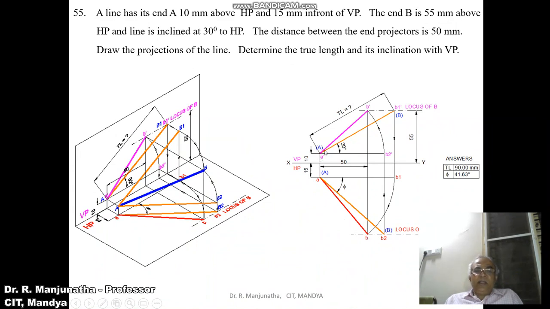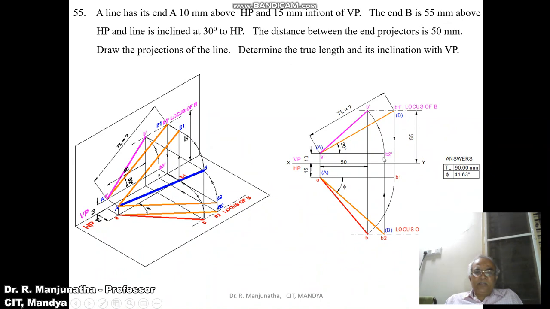So you make that line A dash B dash parallel to HP. With A dash as center, taking the radius of A dash B dash, by using the compass, draw a smooth arc so that B2 dash is also above HP by 10 mm. So A dash B2 dash is the line which is above HP by 10 mm. Since it is parallel to HP, you are getting the true length in HP.